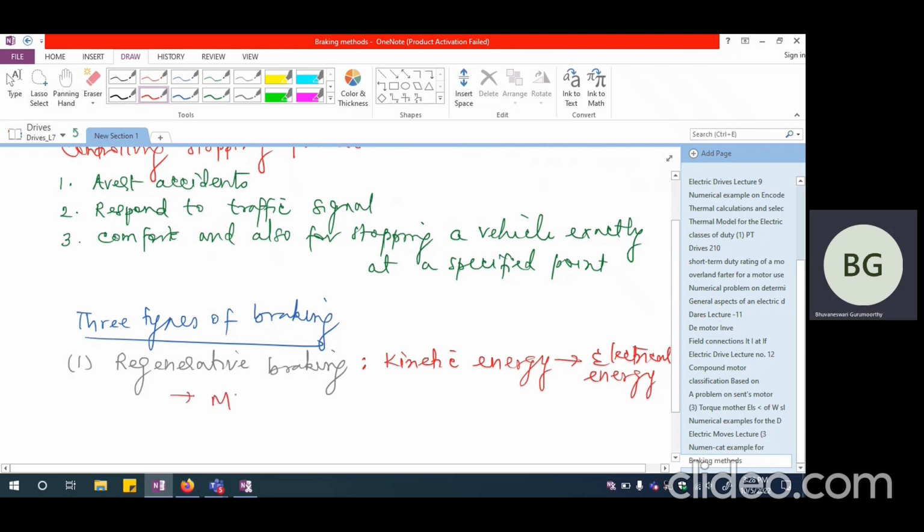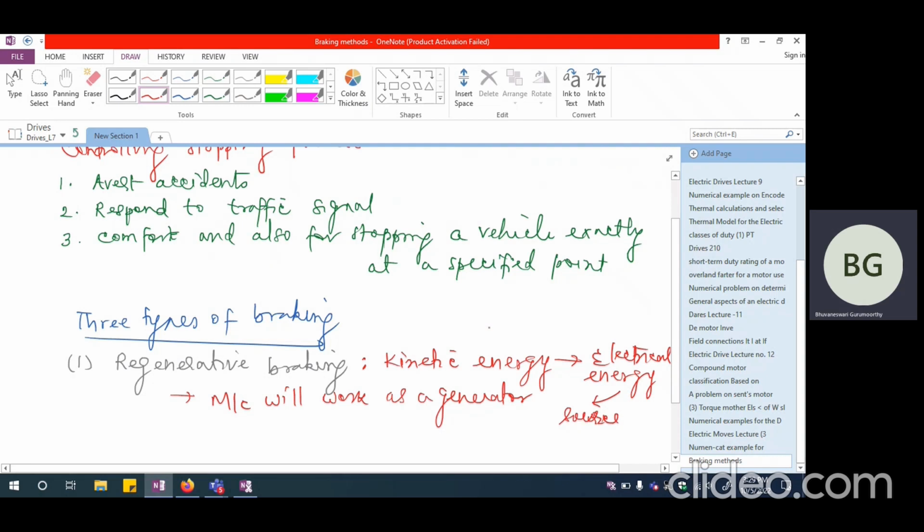So the machine will work as a generator during this regenerative braking. And then it will feed the electrical energy back to the grid. So this may feed it back to the source, either to the grid, or if it is a battery, to the battery.